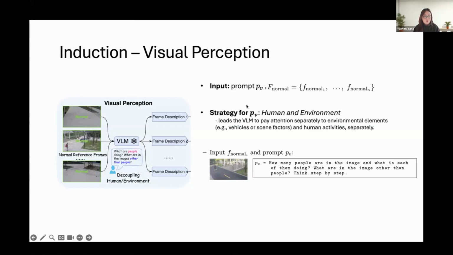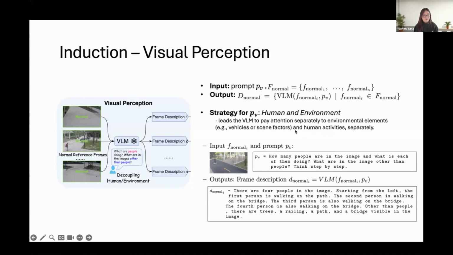Here we input the prompt and also the several frames, and we separate the human and environment objects, which can help the VLM pay attention separately to the environmental elements and the human activities. The output will be the frame description.